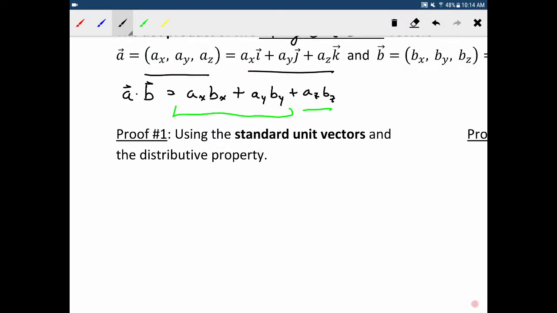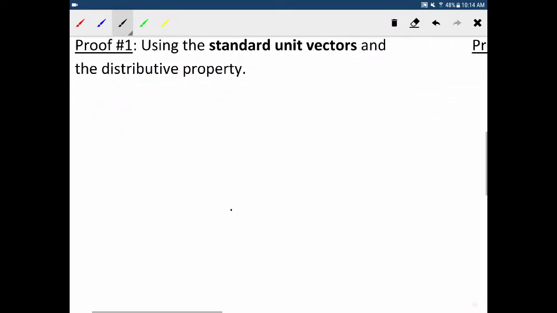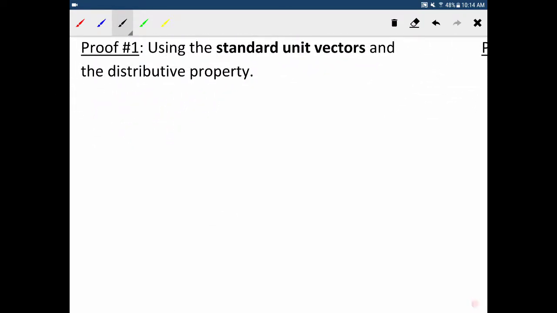So what we're going to do then is prove this using the standard unit vectors. I'm just using the same a and the same b.